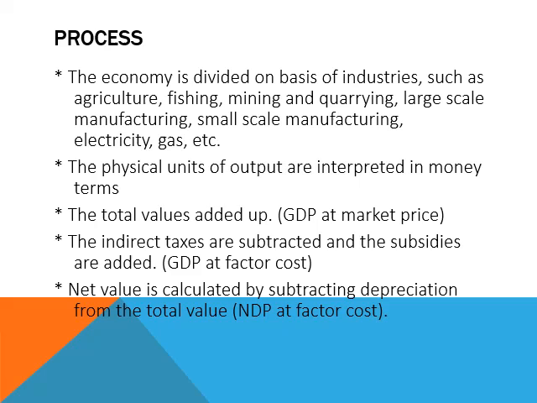The total values added up give GDP at market price. The indirect taxes are subtracted and the subsidies are added to get GDP at factor cost. Net value is calculated by subtracting depreciation from the total value, giving NDP at factor cost.